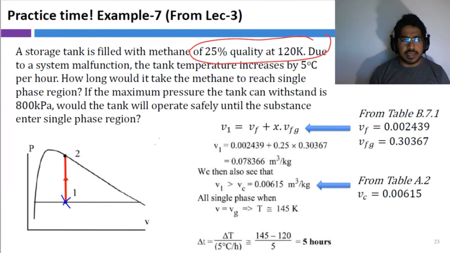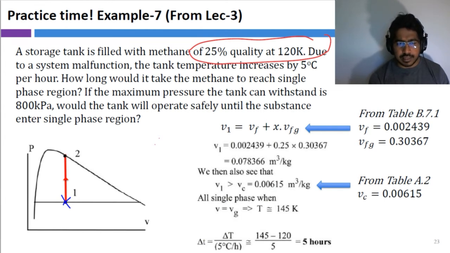And usually storage tanks are closed, not open for spillage or whatsoever. So it's a closed tank, then the mass is not going to change. Then what can we tell about the specific volume? Is it going to change?